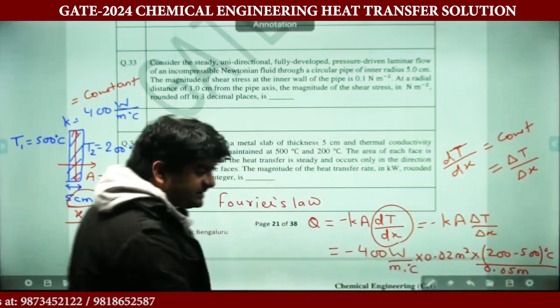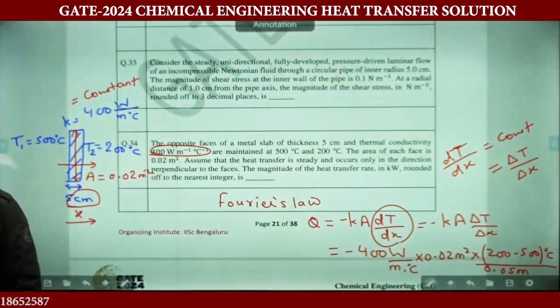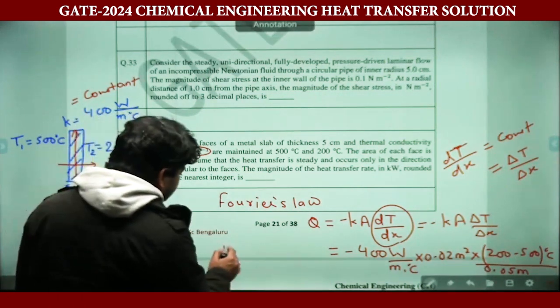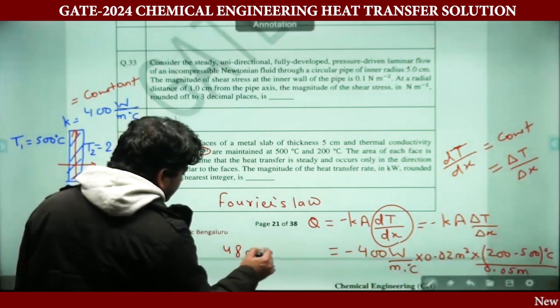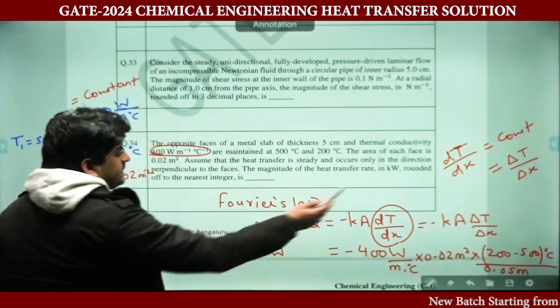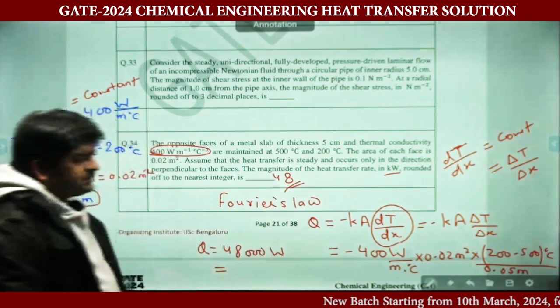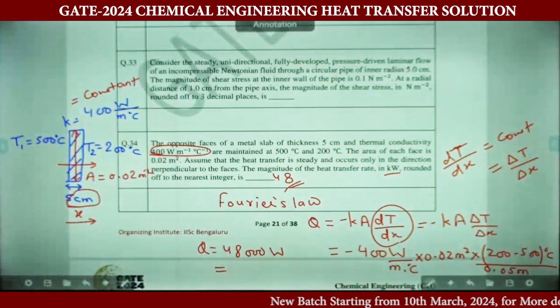So when you solve this, you will get your value of Q, that will be around 48,000 watt. Since they are asking in kilowatt, you can write 48. 1 mark question again, easy one.